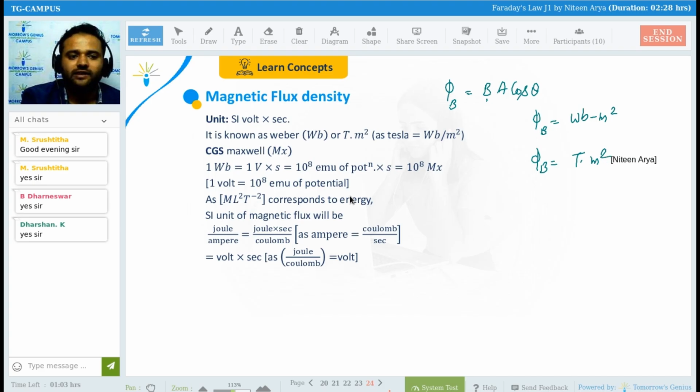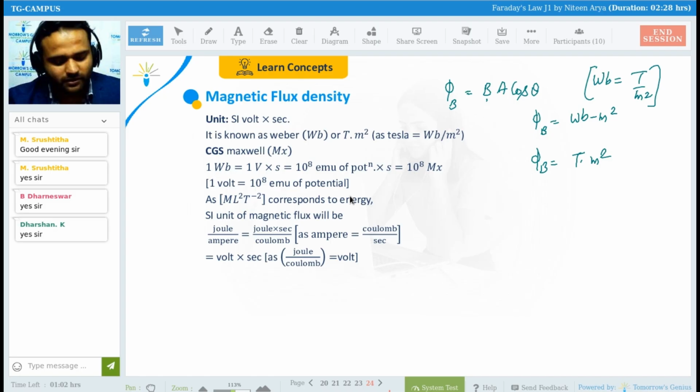If your magnetic field is in the form of Tesla, you can write this, and if it is in this form, you can write this. Directly Weber, because Tesla is Weber per meter square. You can check it out.